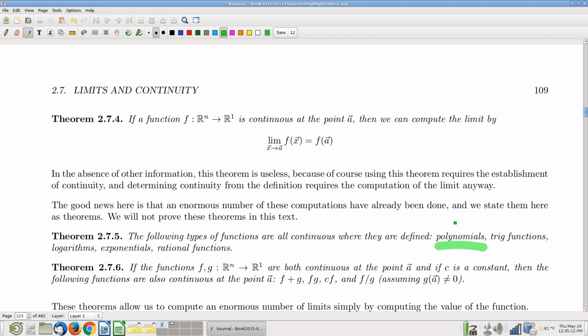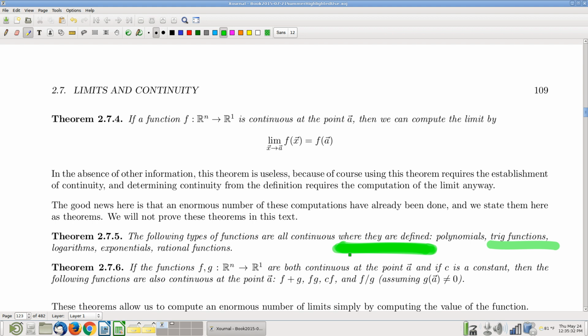Established. Likewise, trig functions. Now we've got to be careful with this one. Very importantly, I've got to come back to this little clause, where they are defined. Obviously, the tangent function is not continuous everywhere. It doesn't even exist at certain values, where you're dividing by 0, the denominator is 0.